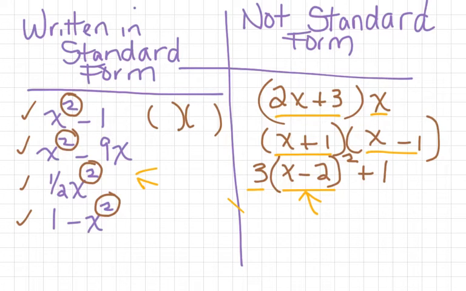Okay? So just to close out our lesson, I'm going to ask you to do a couple of problems, and this will be part of the Ed Puzzle as well as other problems in the Ed Puzzle. So I'd like you to do the following. 2x plus 5 times the quantity of x plus 1.